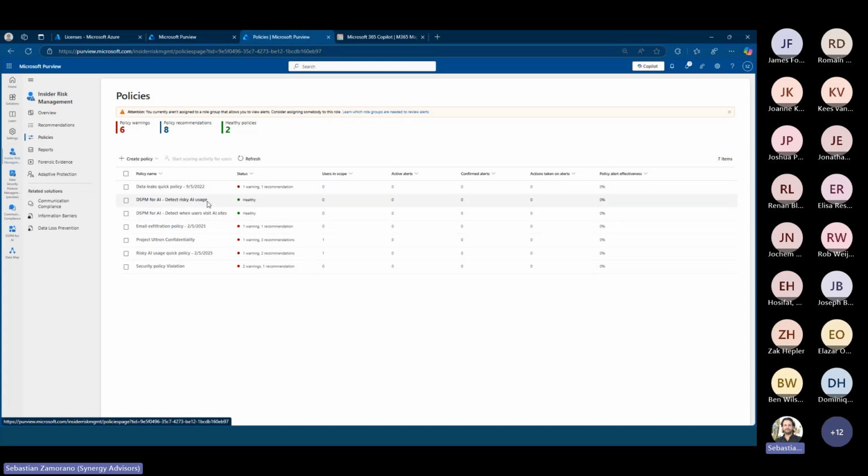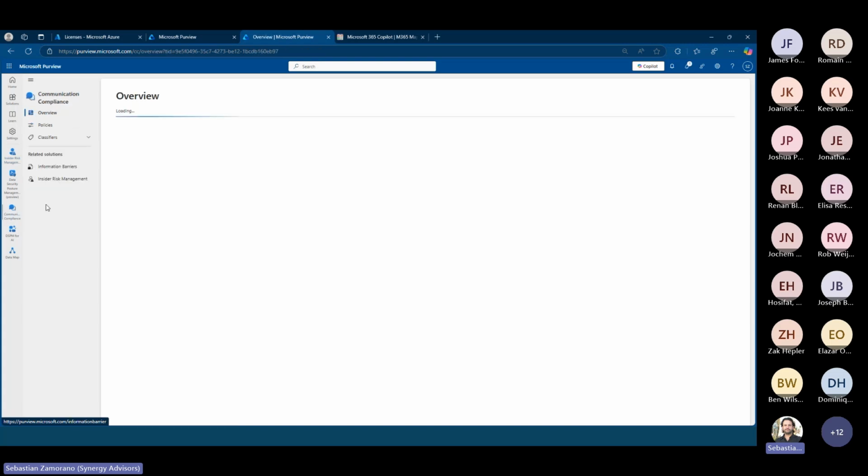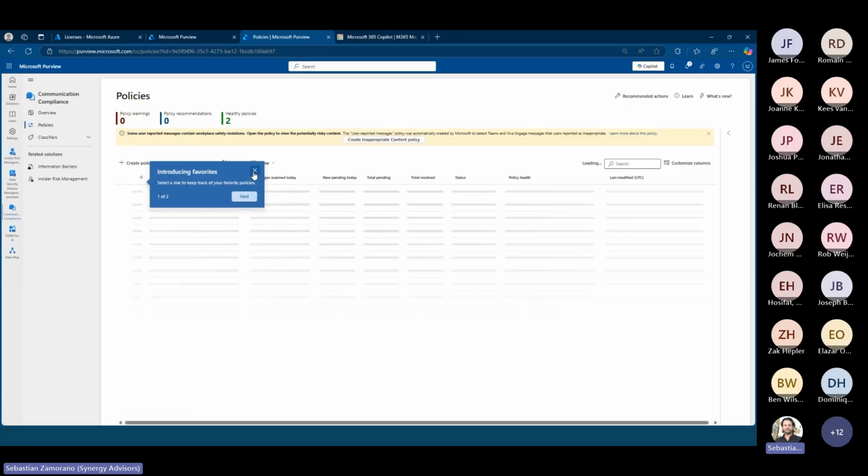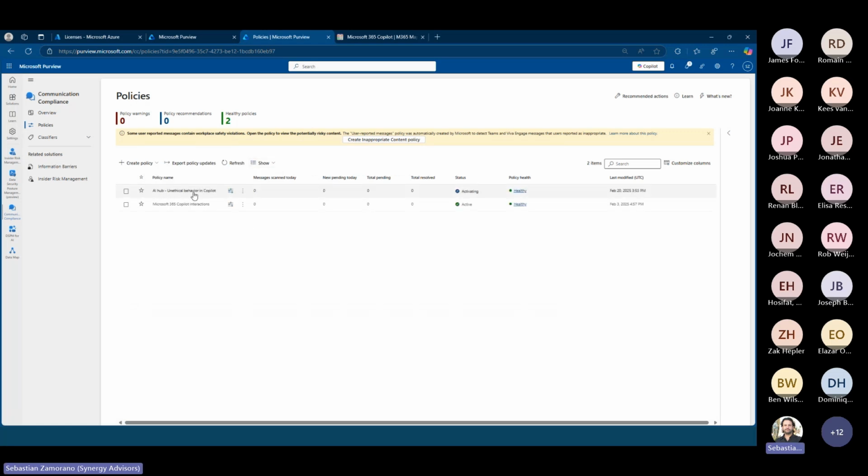It is very simple to identify the specific rules that were created by DSPM and DSPM for AI. The same happens in communication compliance. Here we can see these ones are created automatically. This is the last one, which is in process of being activated.